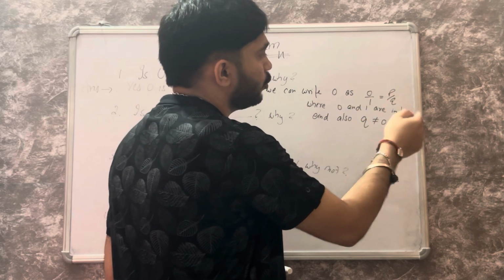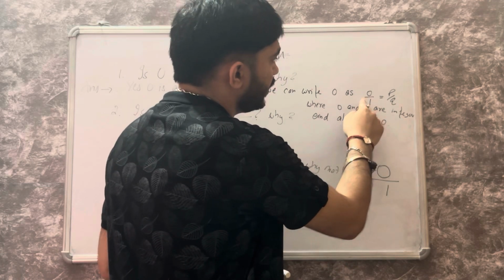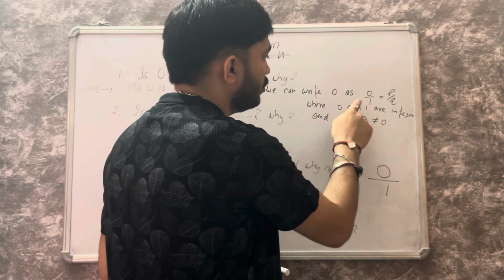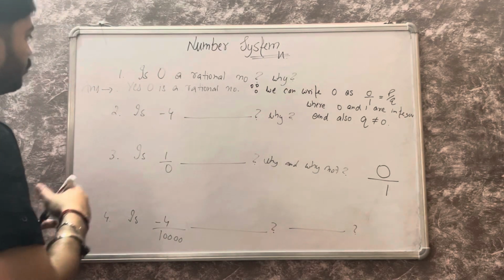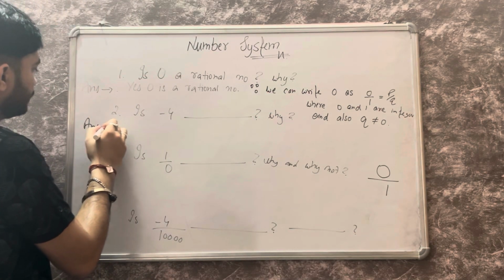0 and 1 are both integers, and also here in the denominator the value is not 0, so we can write 0 as a rational number. Now moving forward to the next answer.